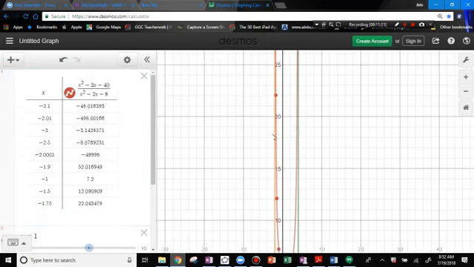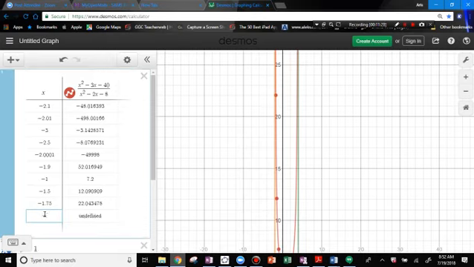That thing's going higher and higher on the right. -1.9999, so on the right of -2, it gets higher and higher and higher.